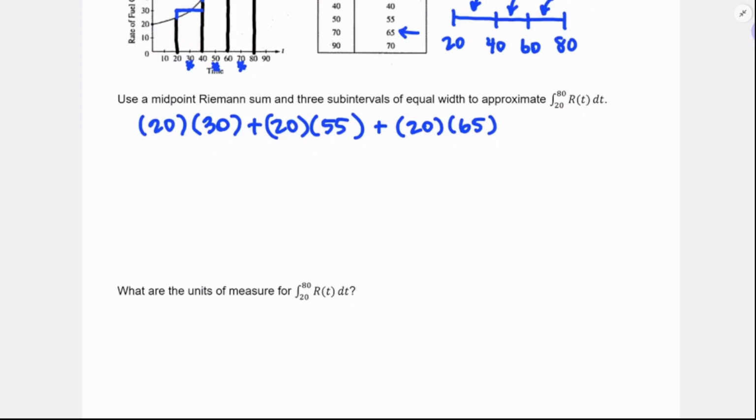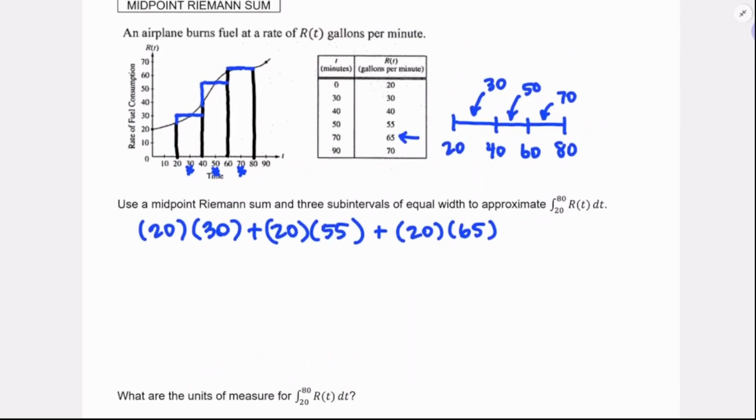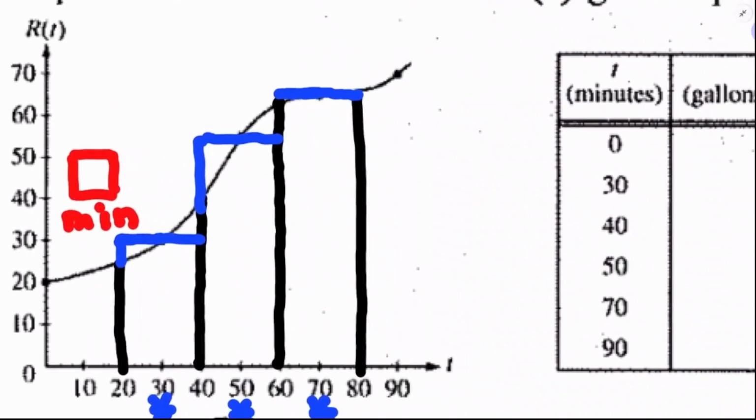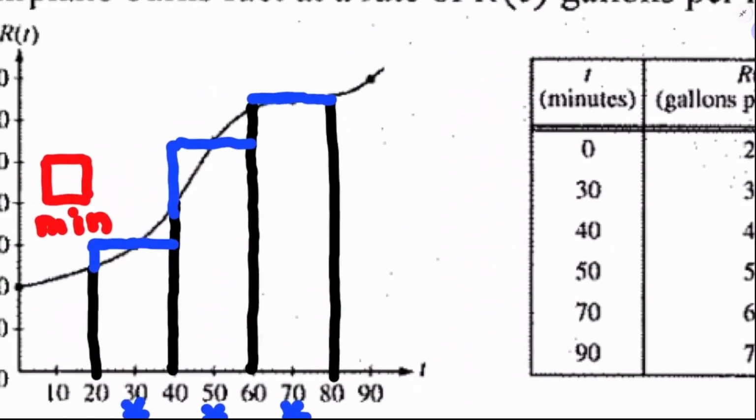Okay, what are the units of measure for the integral from 20 to 80 of r of t dt? Now, that's something new for us, right? We haven't really talked a whole lot about area in this class, and kind of just danced around it a little bit. If I had a unit square over here, say it was 1 unit wide, time in minutes, and then the rate of fuel consumption, they gotta give me gallons per minute.